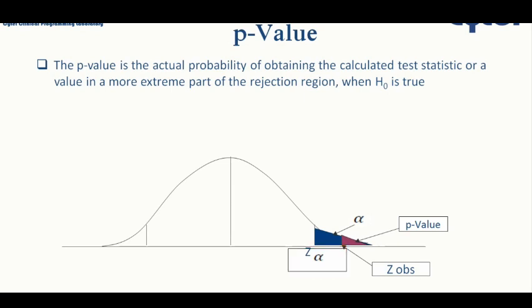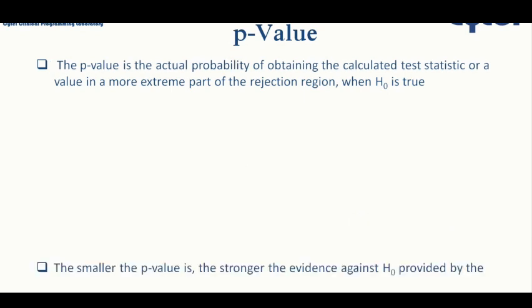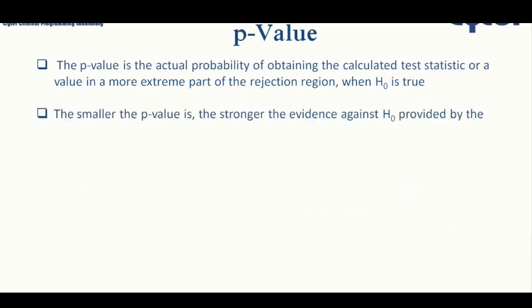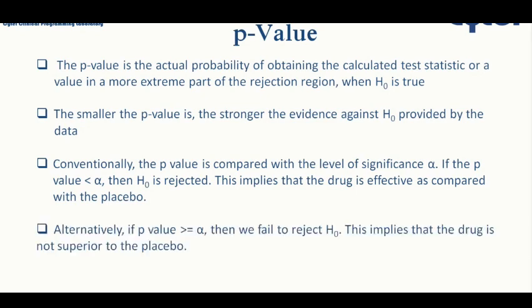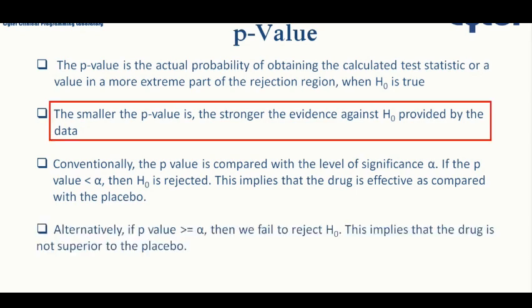In order to understand further, let me get all the bullet points here. The smaller the p-value is, the stronger the evidence against H naught provided by the data.